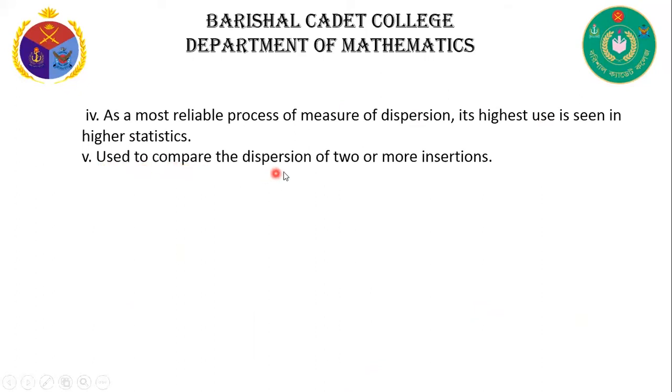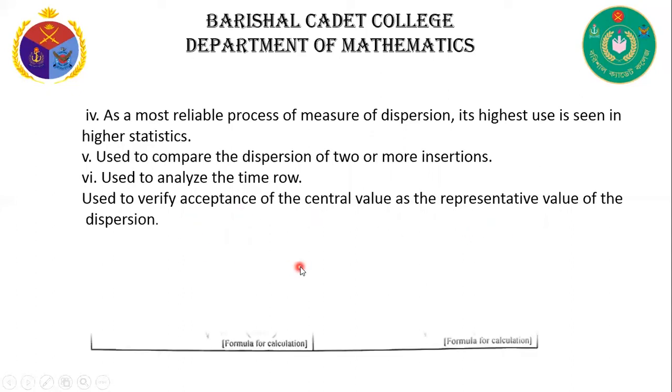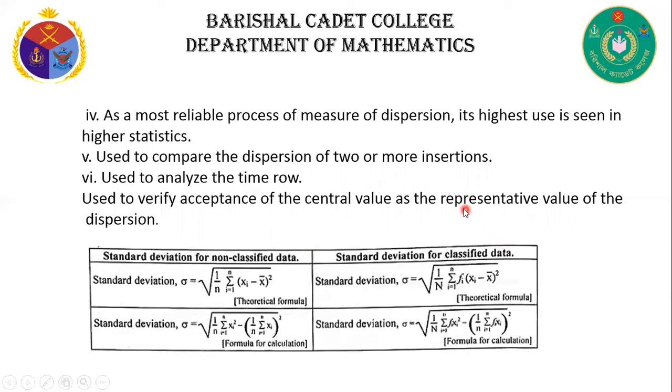It is used to compare the dispersion of two or more distributions, to analyze time series, and to verify the acceptance of the central values as representative values of the dispersions.